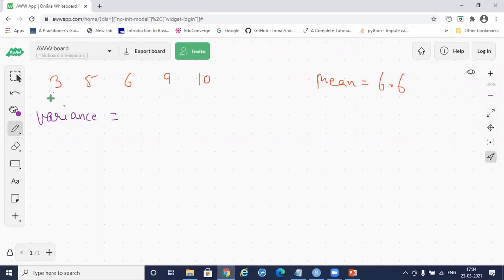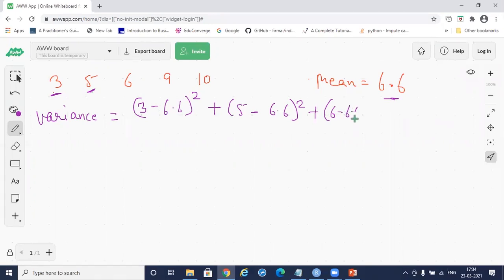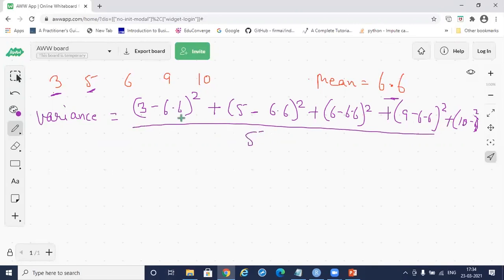The first point is 3, so 3 minus 6.6, squared. Then plus the second point, 5 minus 6.6, squared, plus 6 minus 6.6, squared, plus 9 minus 6.6, squared, plus 10 minus 6.6, squared. We divide by the total number of components, which is 5: 1, 2, 3, 4, 5. This will become the variance.